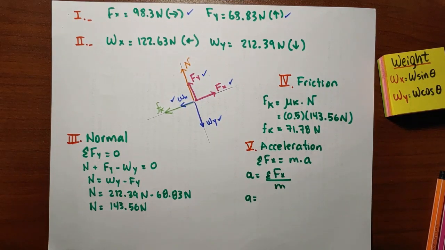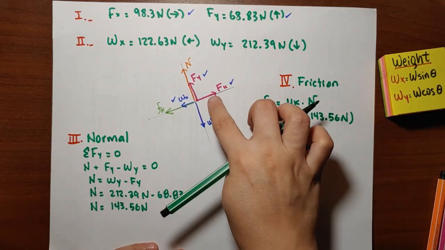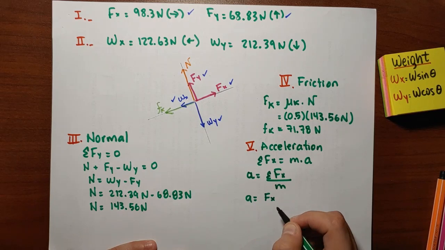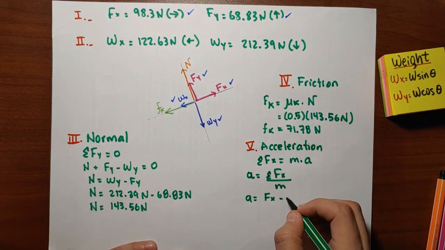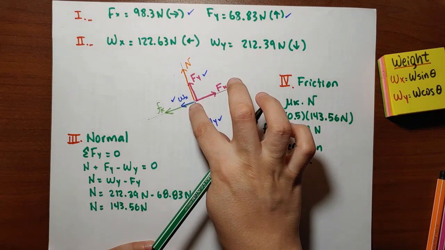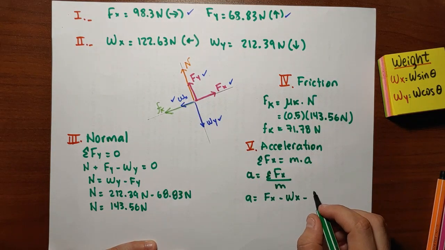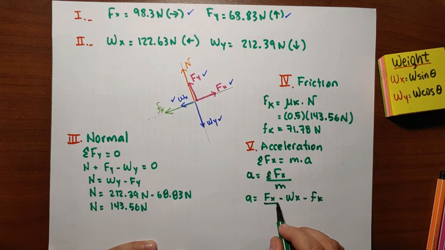What do I have in x? In the positive side of x, I have Fx, adding because it's positive. Fx minus Wx, because it's going to the left. And also Fk is going to the left, so it's going to be negative. All this divided by the mass.